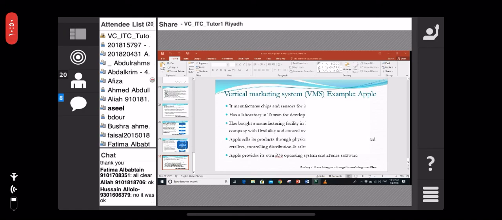Alia, Hussein, all clear. Hafiza, Reem Al Shehri, Abdurrahman, clear, inshallah. Let me see how many students we have here.